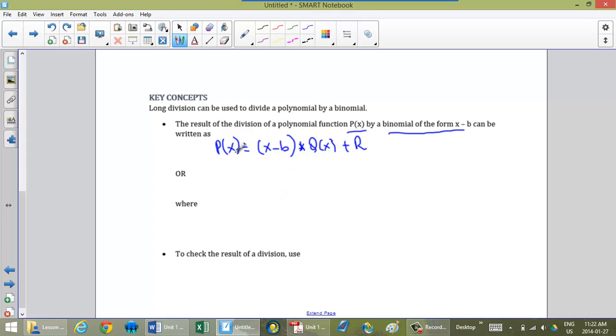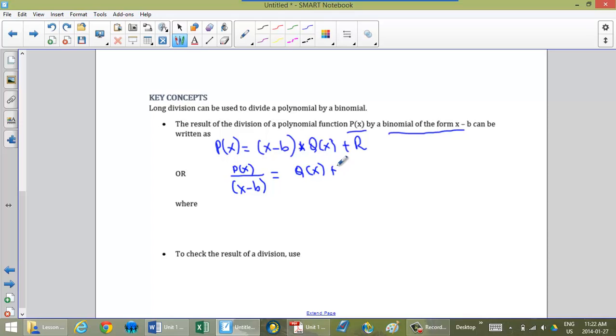Or, if we want to write it in that fractional form to get used to rational functions, we could say that p of x divided by x minus b equals the quotient q of x.